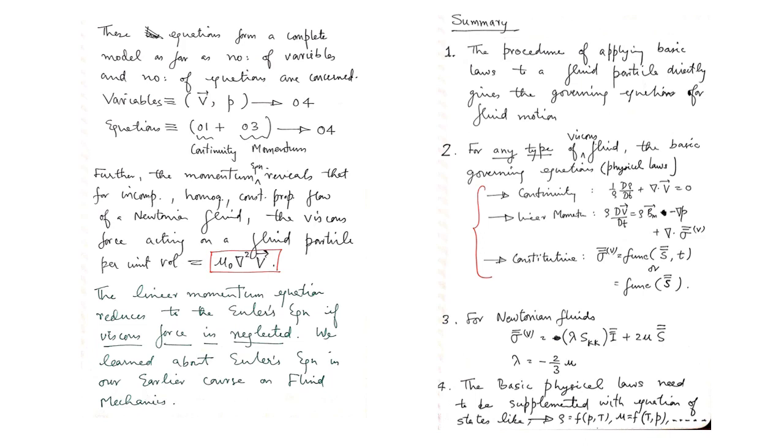So this particle approach, which I am emphasizing again and again, I am emphasizing a lot. The reason is that you can directly apply the basic physical principle because a particle is a physical system or entity, and very quickly you get the governing equations for fluid motion.